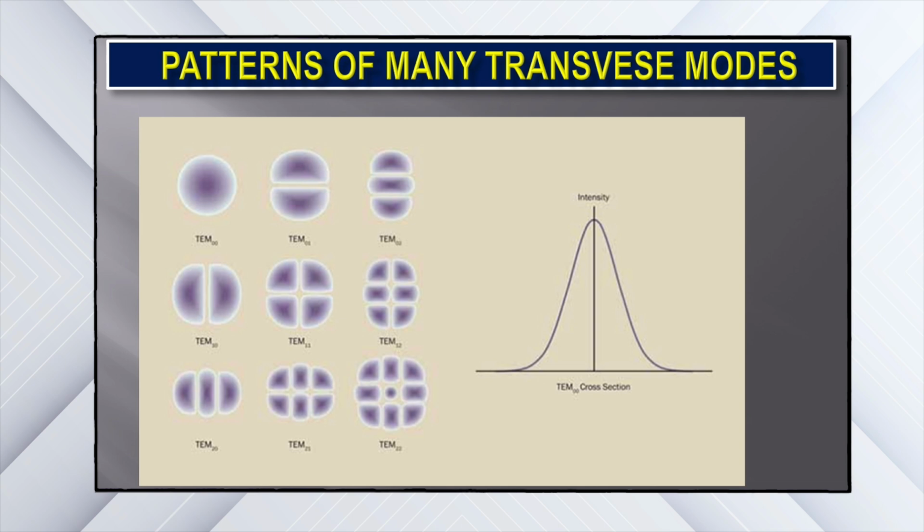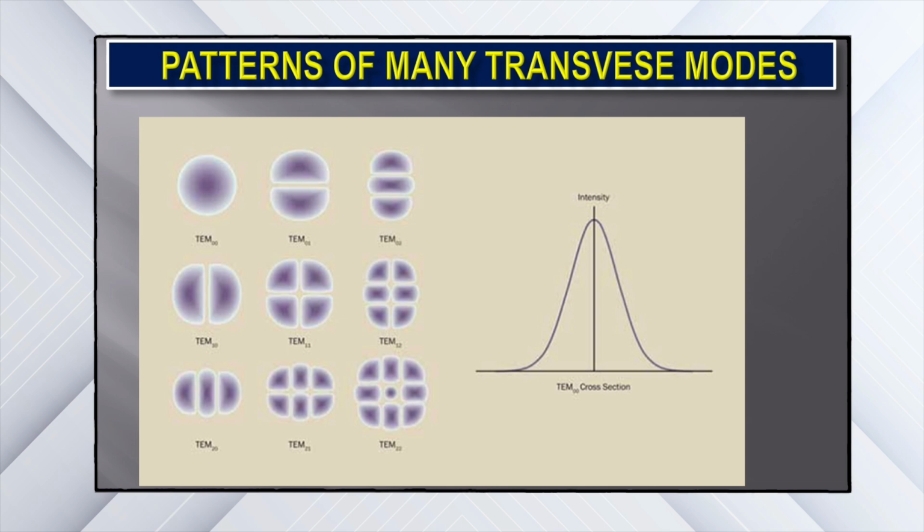It is a bit difficult to get it, but what can be done is, if you have a small hole, a small aperture in the laser path, most of the extraneous TEM01, TEM11, TEM20 modes could be easily cut off. You will have more or less TEM00 mode, and that kind of TEM00 mode, as shown in the diagram, will have an intensity profile of Gaussian nature.